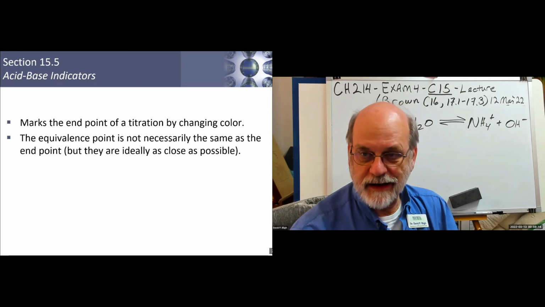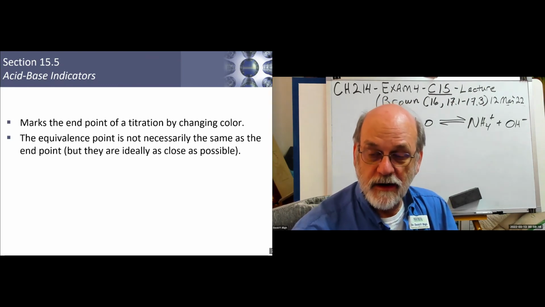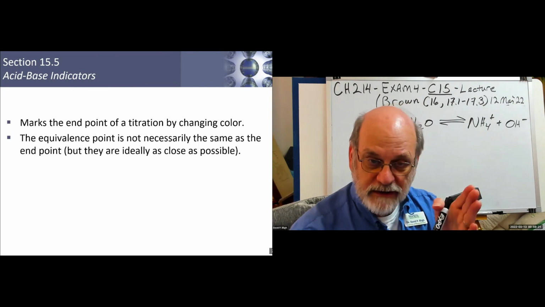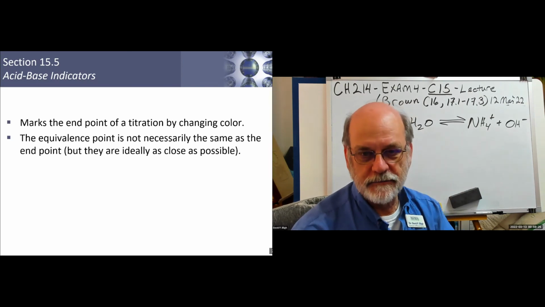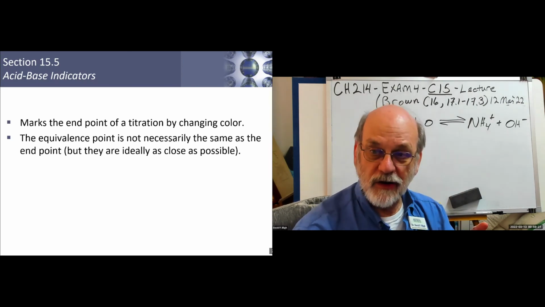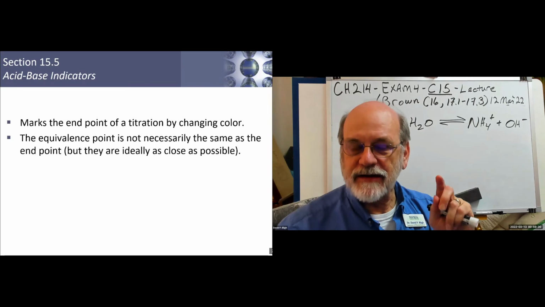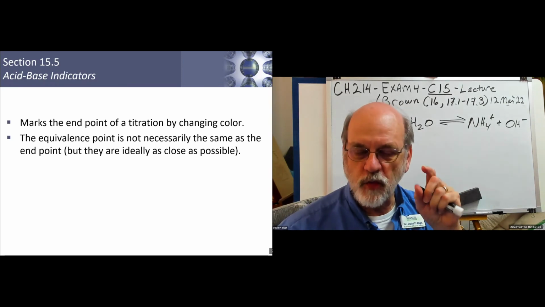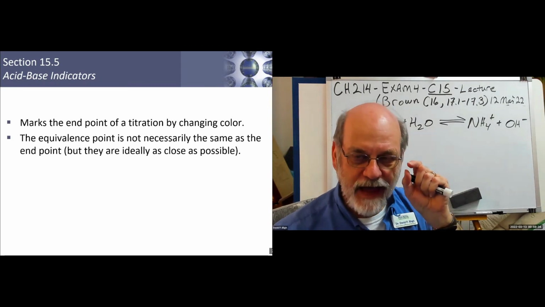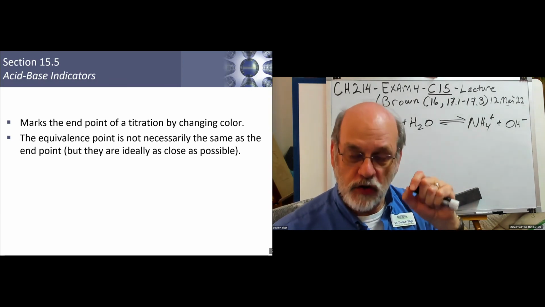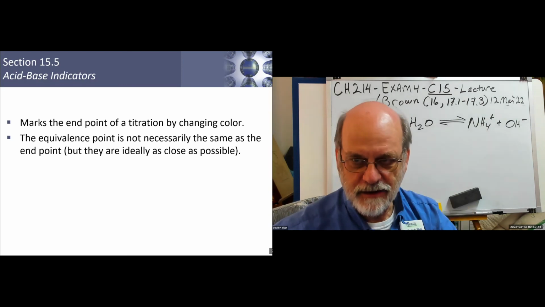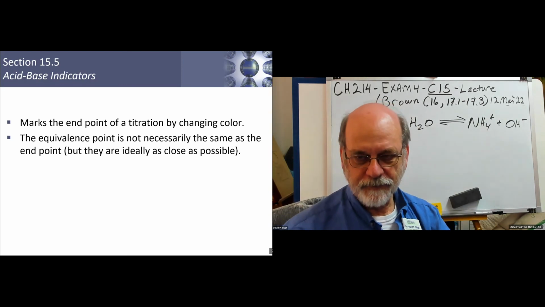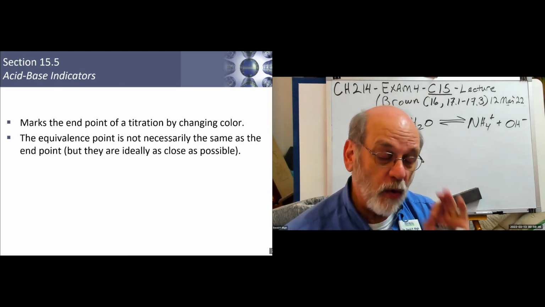Why would we put an indicator in there? Well, this acid-base reaction for the indicator causes, at a certain point, the indicator to change color. And if it changes color at the same pH where your reaction is at equivalence, then you can use the indicator to tell you when your reaction has reached equivalence, when it's at the stoichiometric point.